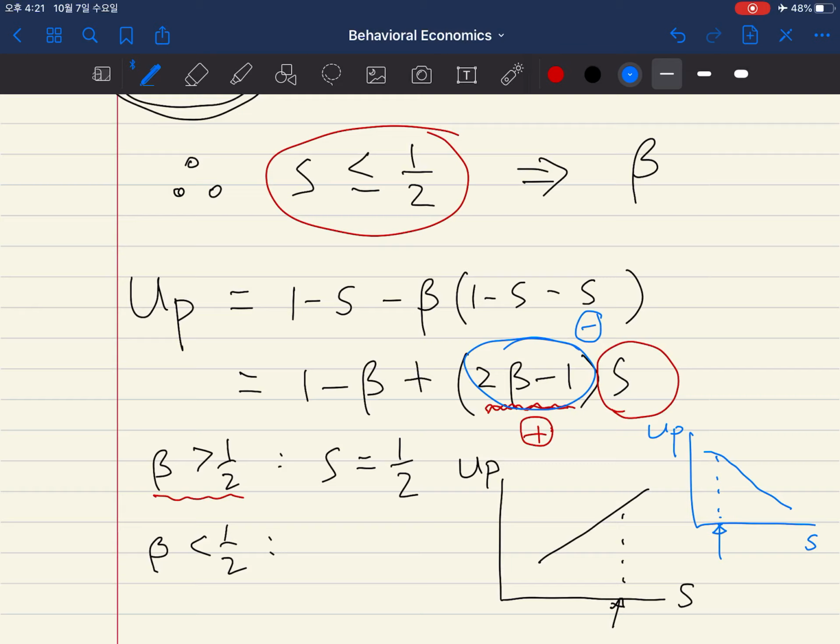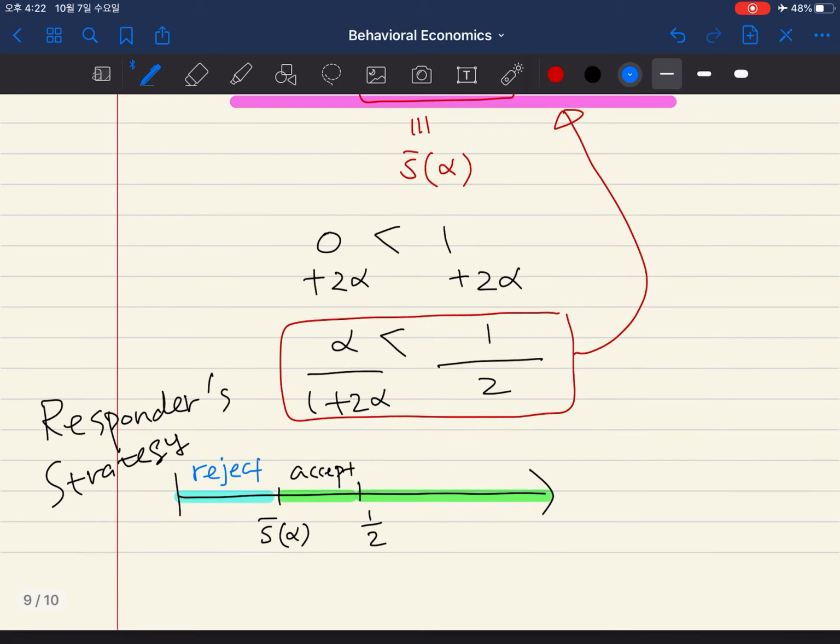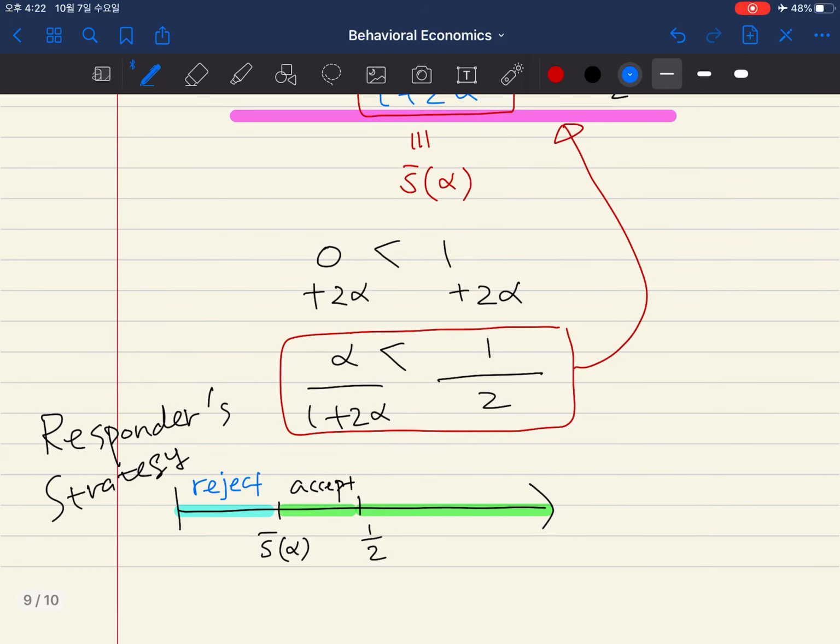Then what is the answer here? So the answer is not zero, because we know from responder strategy that if proposer offers too little, then responder is going to reject the offer.